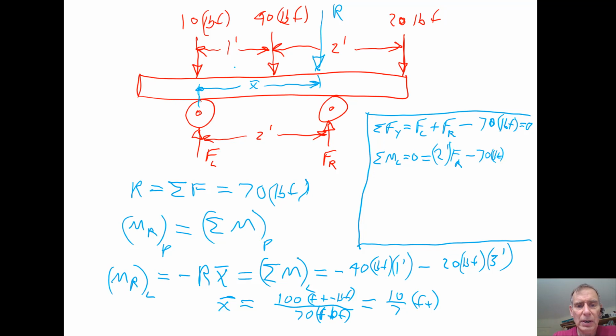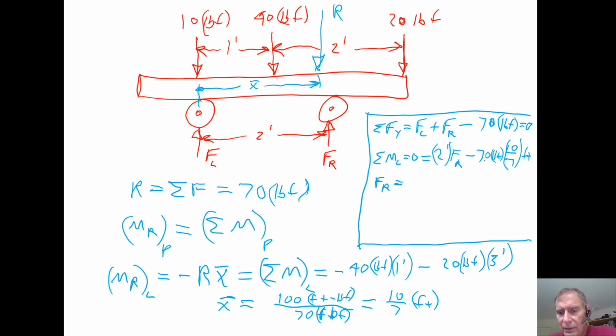And its moment arm, we calculate, is just X bar, so that's 10 over 7 feet. Okay, so now we can go ahead and solve this for F sub R. These have to sum to 0. So we'll just do the algebra, and F sub R is going to equal, we bring the 70 on the other side.